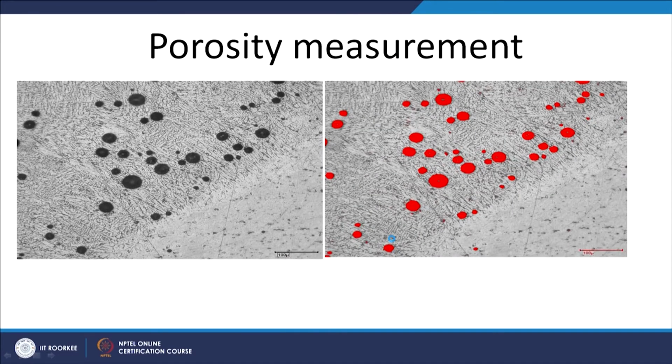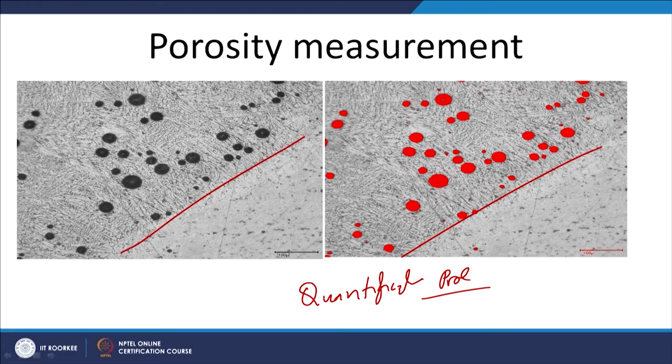At the same time, image analysis can also be used in quantification of the pores which are present. Like in this surfacing, we can see this is the base metal and this is the surfacing, and here we can primarily see that epitaxial growth is there at the interface in the weld surfacing, but at the same time it has a lot of pores.